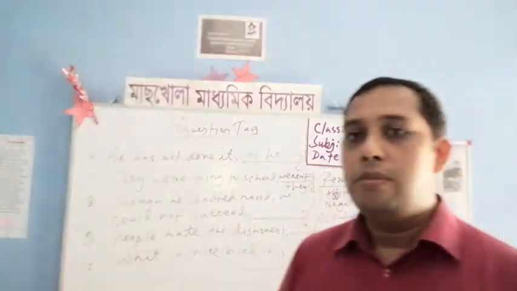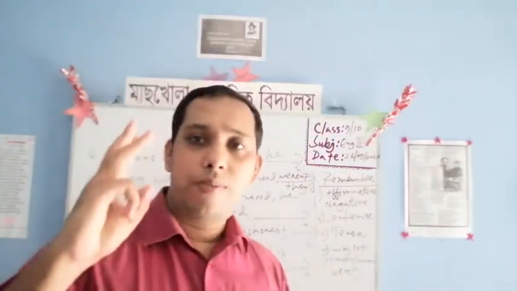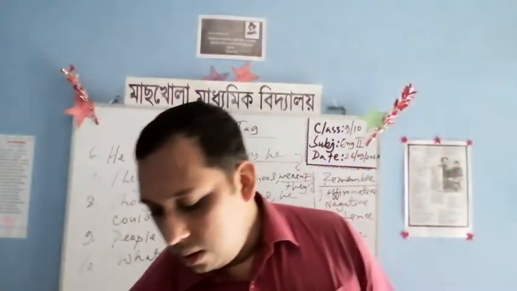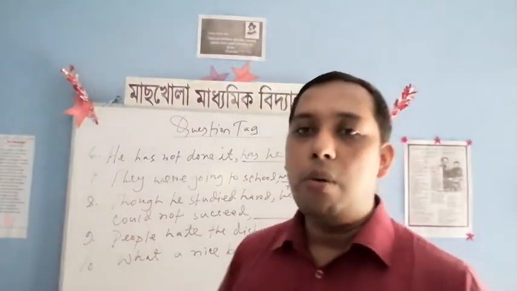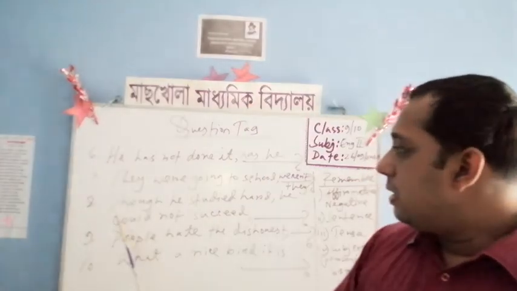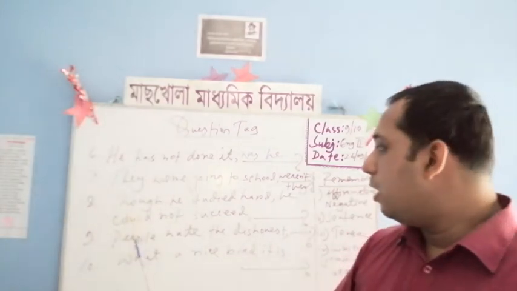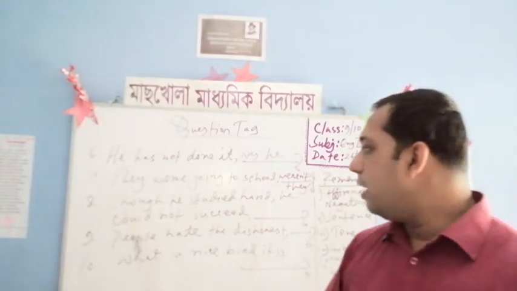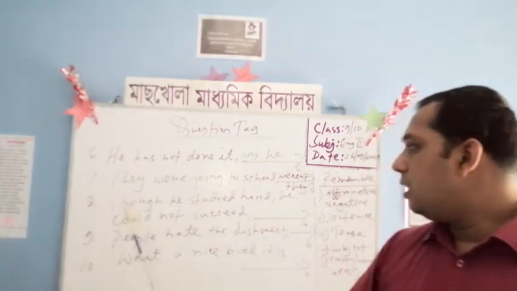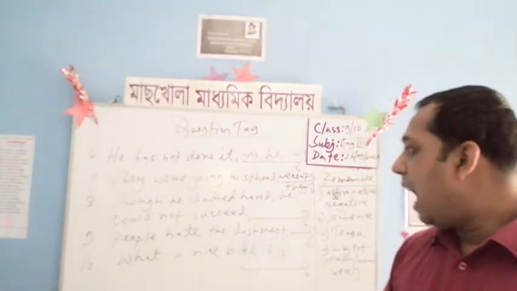You have learned that there are 3 types of sentence according to structure: simple, complex, and compound. So this is a complex sentence, and it has a subordinate clause and a principal clause. Though he studied hard, so the idea is incomplete.